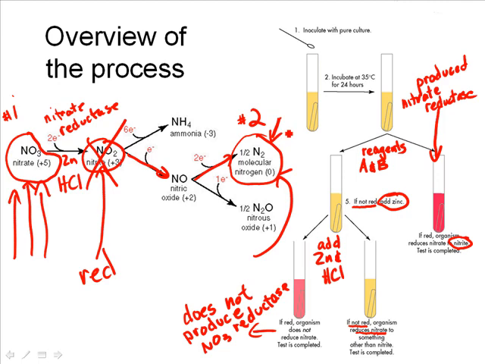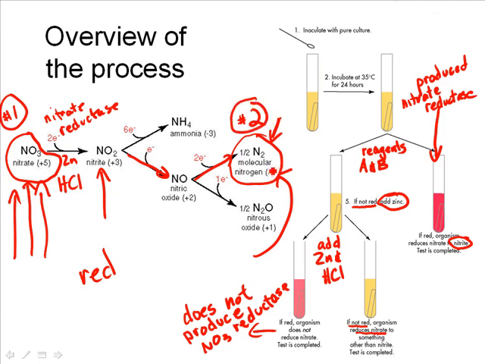Remember, that's called denitrification. So, to summarize, if you add A and B and a red color is produced, that means that your organism reduced nitrate to right here. If it's colorless, that means either possibility number 1, we're stuck at the beginning, or possibility number 2, we've already taken it to the end.